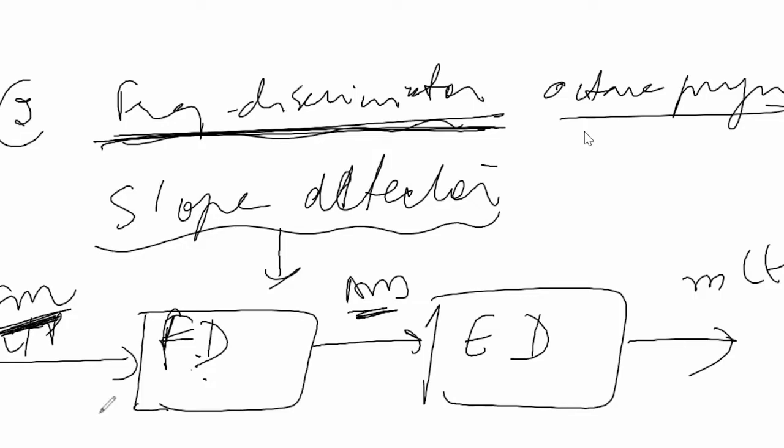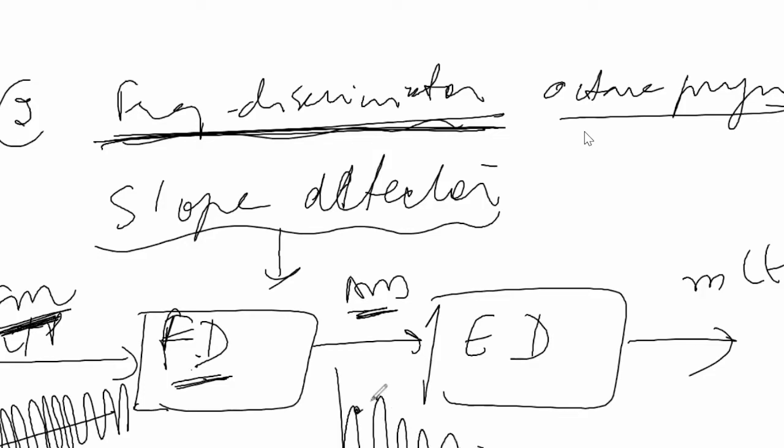That means the message signal which was in the frequency variations, after passing through the frequency discriminator, has now come onto the amplitude variations. In FM input, the message signal is in the frequency variations. Once we apply FM to a frequency discriminator circuit, this FM signal gets converted into an AM signal.